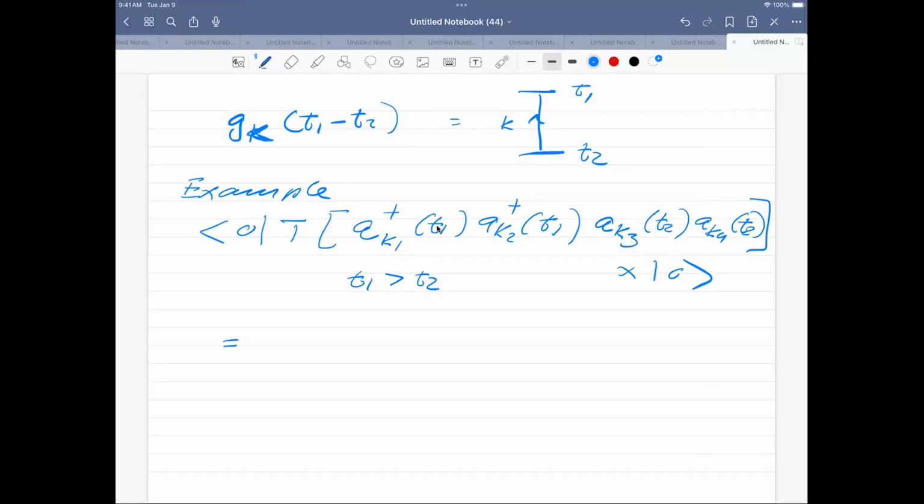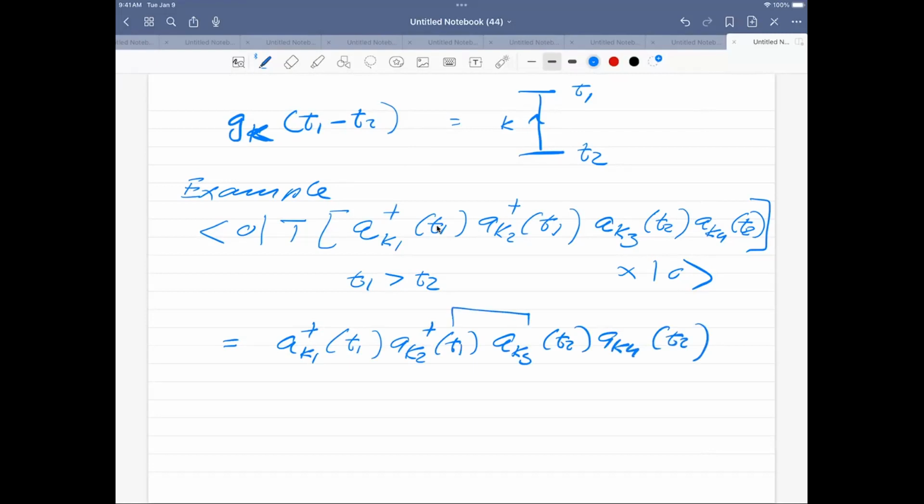And then when I set up the contractions now, I have an A K1 dagger of T1, an A K2 dagger of T1, and then I have an A of K3 of T2, an A of K4 of T2. When I'm setting up the contractions now, this is one possibility which I have. And then the other possibility is this one. I'm just using Wick's theorem now, setting up the contractions here.